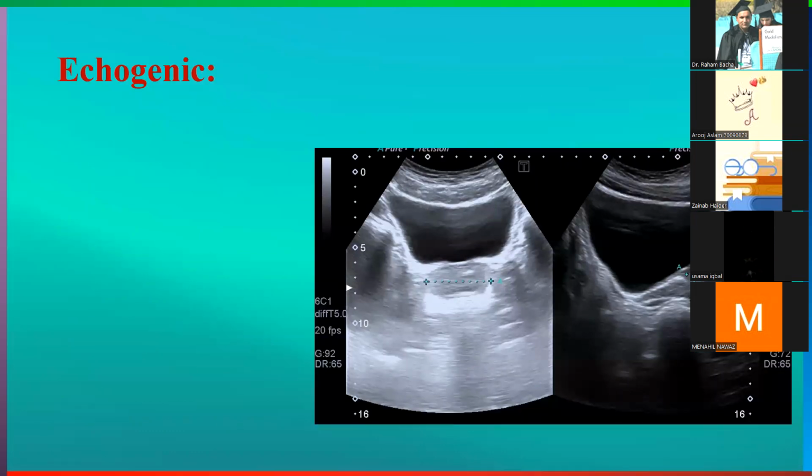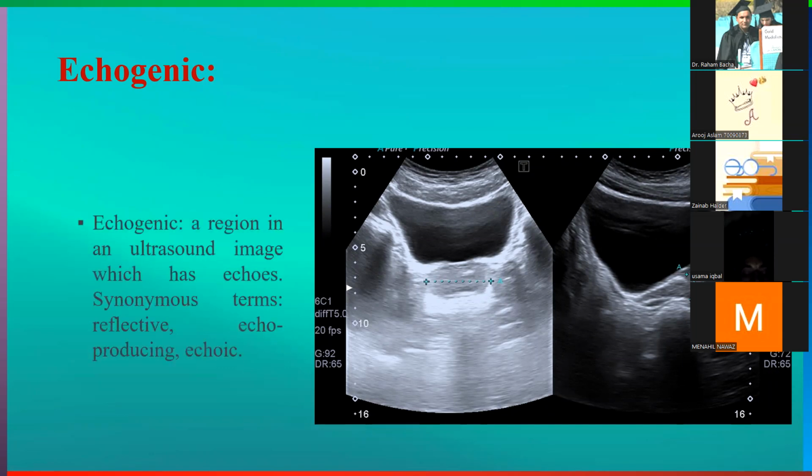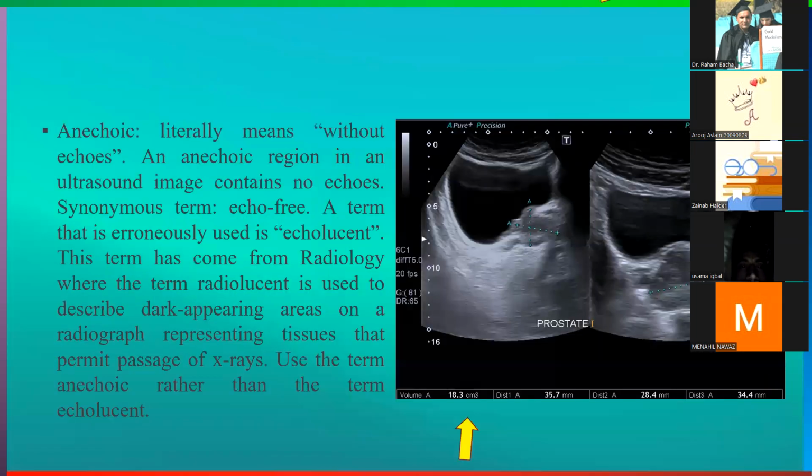So here in this image you can see some structures. This is an ultrasound image of the urinary bladder and the prostate. Here you can see the structures which can generate echoes. They are said to be echogenic, right? Now, under the umbrella of echogenicity, there are a number of other terms that can be used. The first term is anechoic.